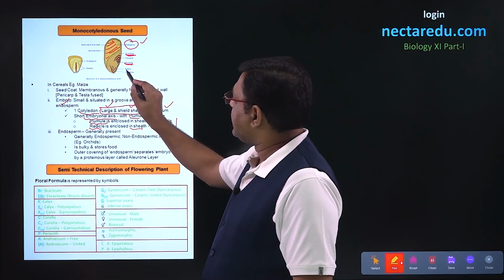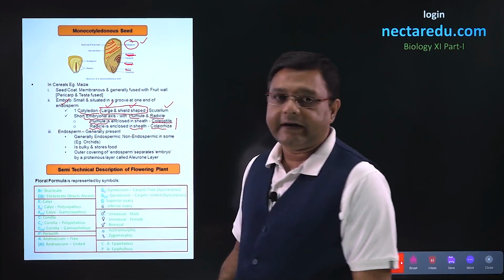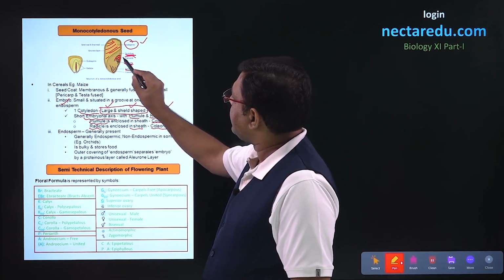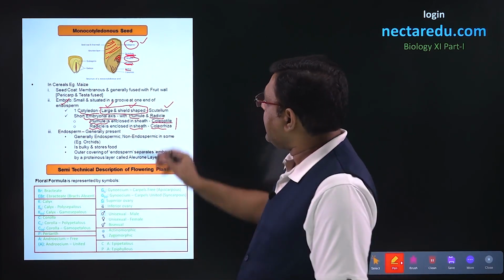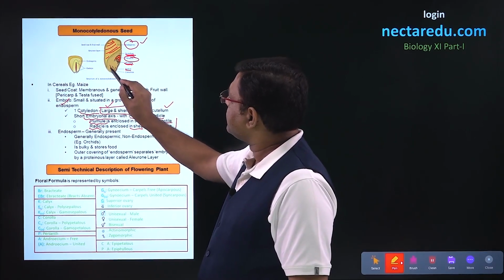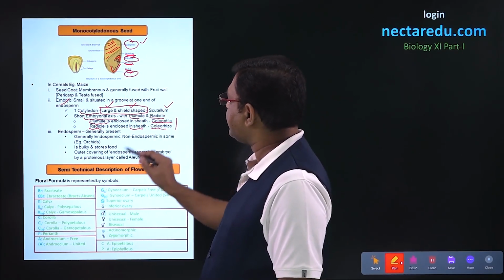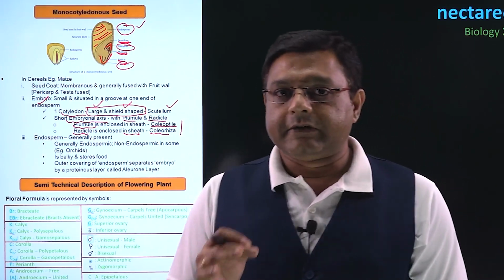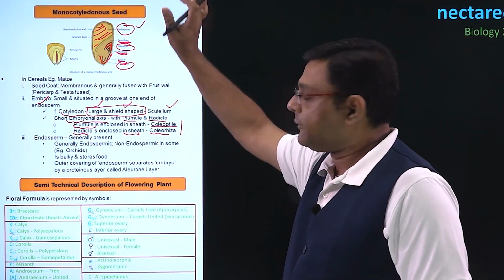The part which will give rise to the root was radicle, and plumule is covered by a sheath called coleoptile, as well as radicle is also covered by a sheath and that sheath is called as coleorhiza.